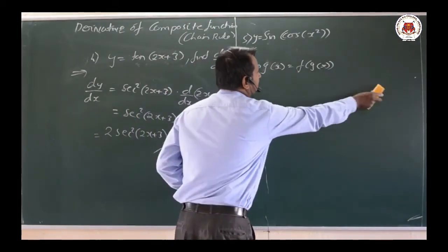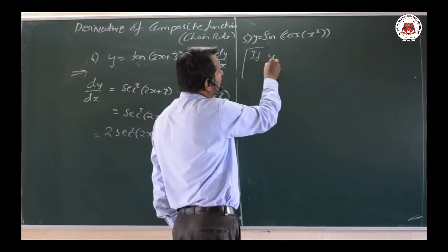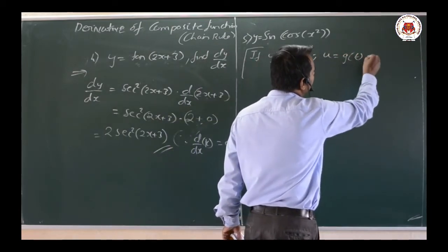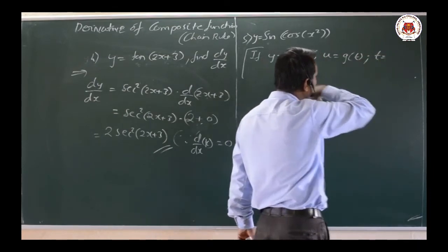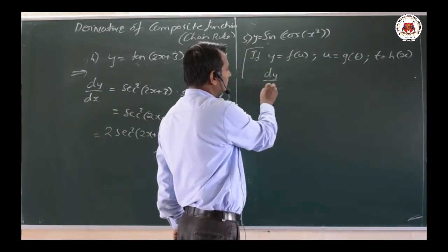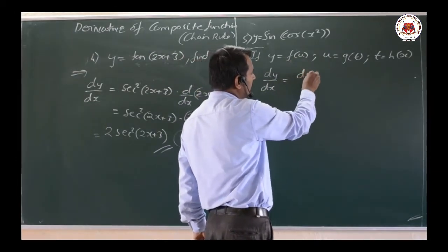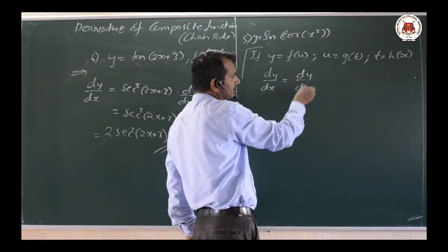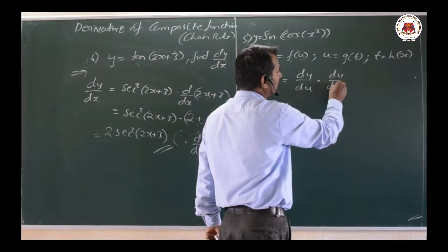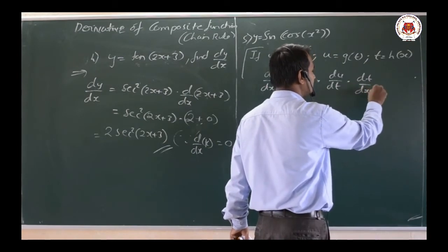Chain rule means, okay, let us move on with the basics. If y is equal to f of u, and u is equal to g of t, and t is equal to h of x, then dy by dx equals, first of all, y differentiation with respect to u, into u differentiation du by dt with respect to t, and at last dt by dx.